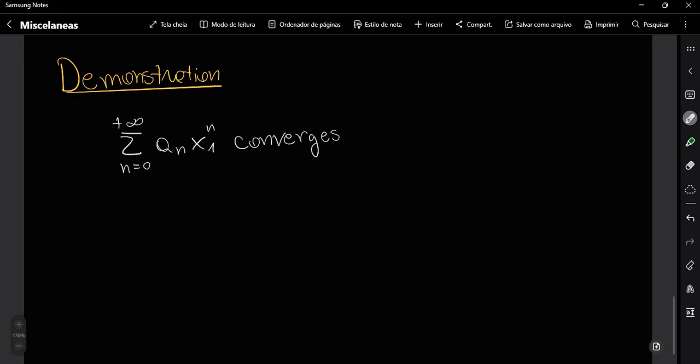We have that the limit with n approaching infinity of a_n x1 to the n is equal to 0.